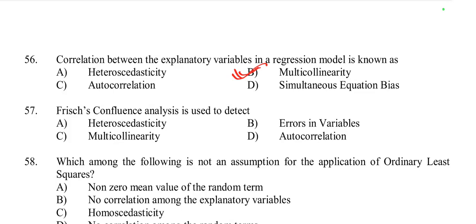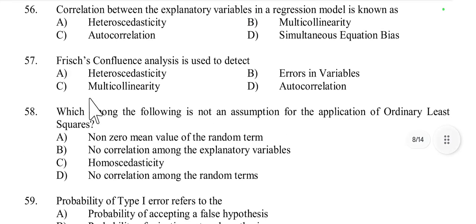Multicollinearity refers to a situation in a regression model where two or more explanatory variables or independent variables are highly correlated with each other. It is called multicollinearity. This makes it difficult to determine the individual effect of each variable on the dependent variable, because their contributions to the variance are not easily distinguishable. So it is called multicollinearity.